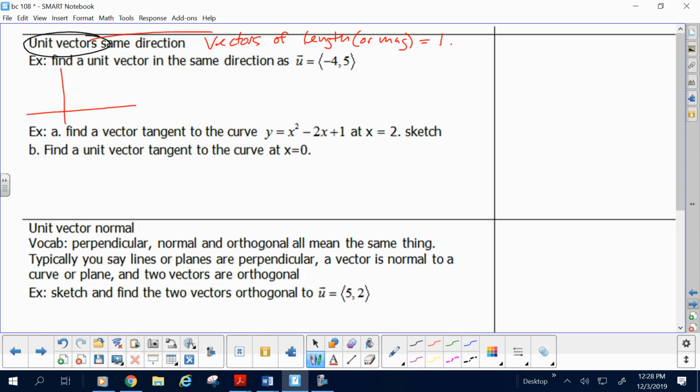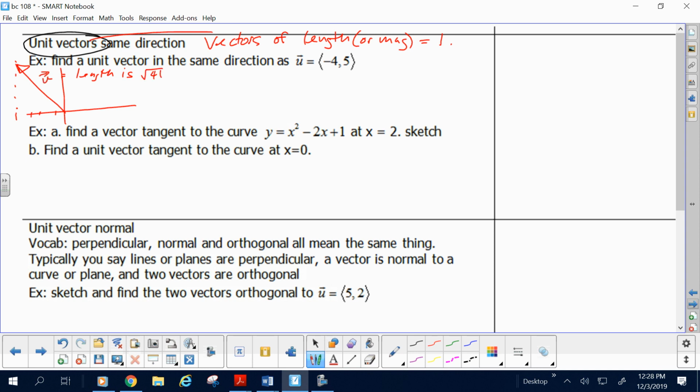This u is left 4, up 5. Here's vector u. Vector u is too long. How long is vector u? How long is it? Square root of?